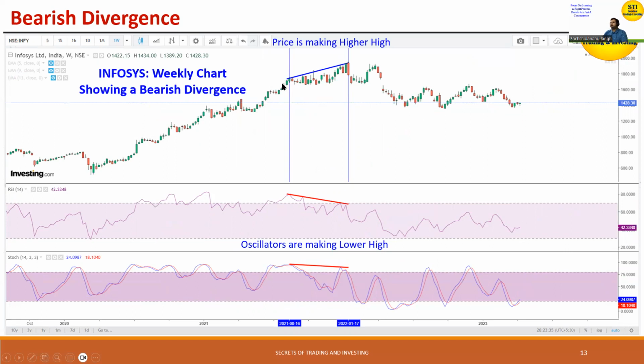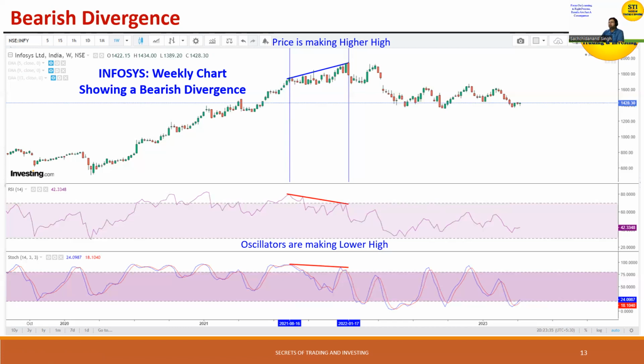At the same time, if you look at the RSI and the stochastic value, they are not moving along with the price. Price has moved from this level to another level, but RSI is saying no. Your movement doesn't have that much strength to trust, and it is giving you a clear indication that there may be a potential chance of reversal of these stocks.